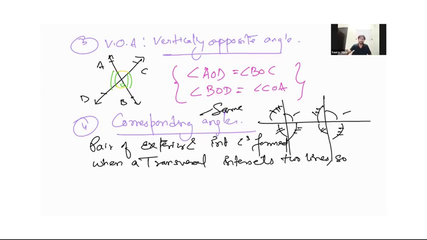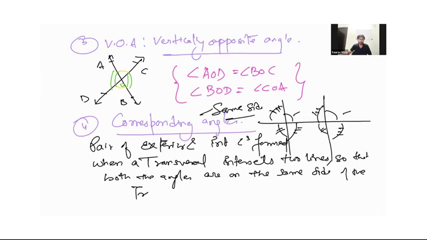Both angles are on the same side of the transversal and they are not forming a linear pair. They should not form a linear pair. This is the case of corresponding angles.